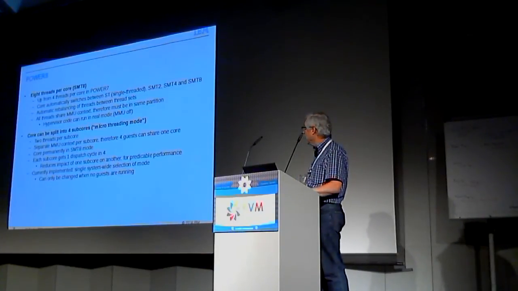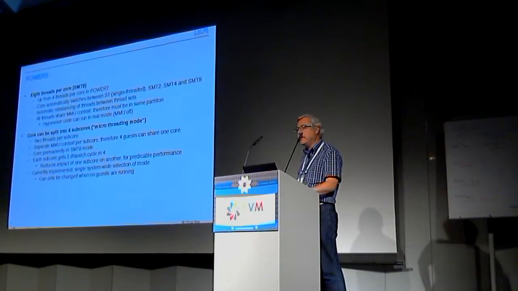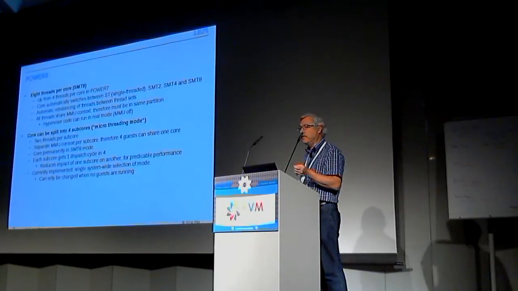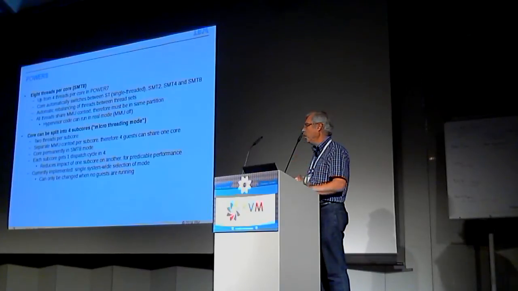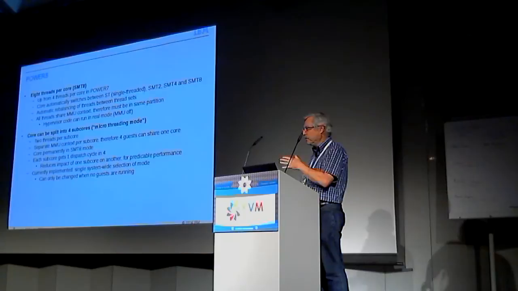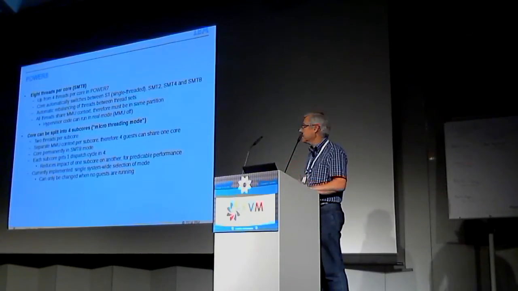The core automatically switches between modes, 1, 2, 4 or 8 threads being active. When you switch to a smaller number of threads being active, then each thread gets more of the resources of the core, so that as you go to higher modes, the resources of the core, to some degree, are partitioned, but in any event, they're shared, and so each thread gets fewer resources, of course.